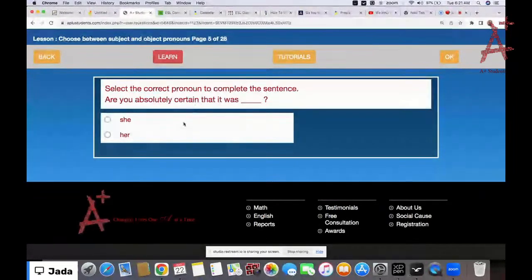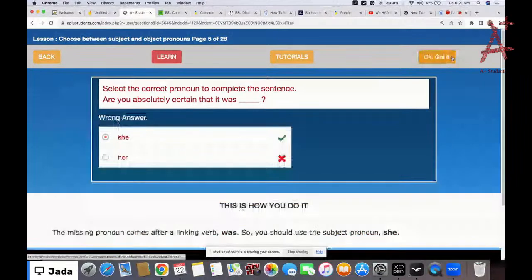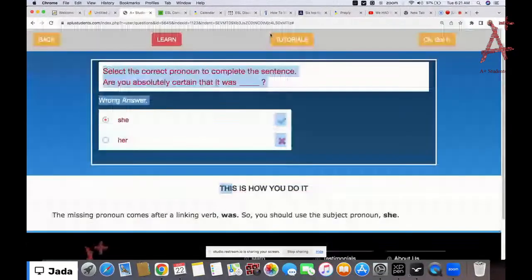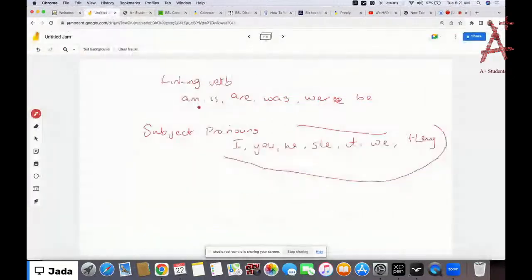Her. Okay, perfect. So we have her, but it says that it's wrong. So why is it wrong? Let's look at the sentence here. The missing pronoun comes after the verb was, a linking verb. So now, you guys take note of the linking verb. Linking verbs are is, are, was, were, be.